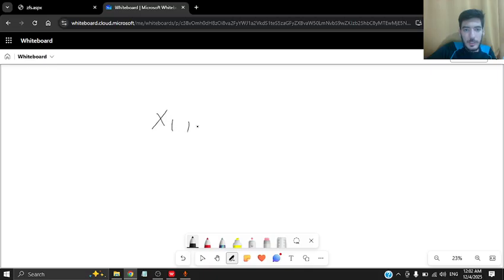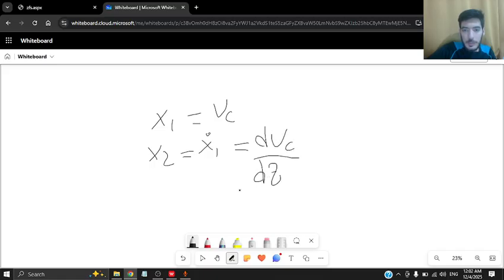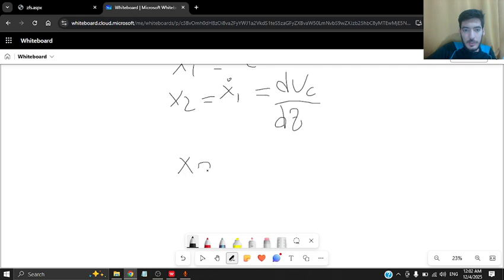These are x1 and x2, and I will set x2 equal to the differentiation of x1, and x1 will be equal to Vc. So x2 will be equal to dVc divided by dt, so that the differentiation of the second variable will be equal to the second order differentiation of Vc with respect to time.